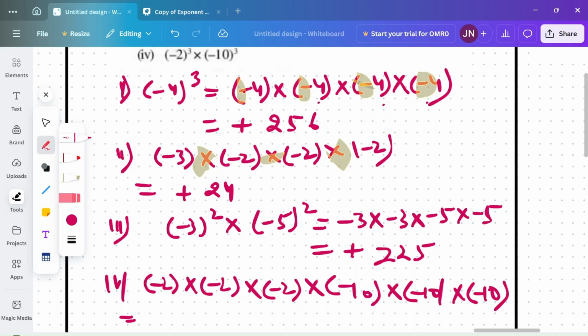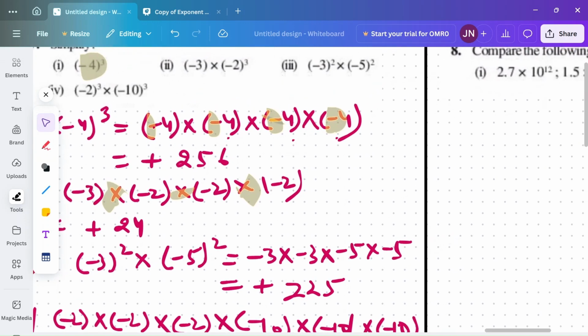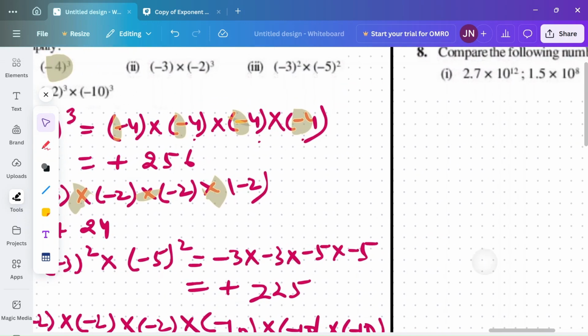So you will leave it. You don't have to write the positive sign again because it is understood that if there is no sign, it means it is positive. Just multiply the numbers and you know there's a shortcut. Just multiply 2, 2, 2, you'll get 8. And since there are 3 zeros, we put 3 zeros. That's the answer.